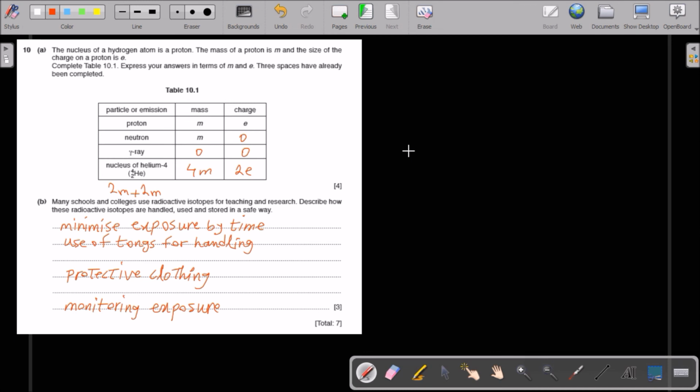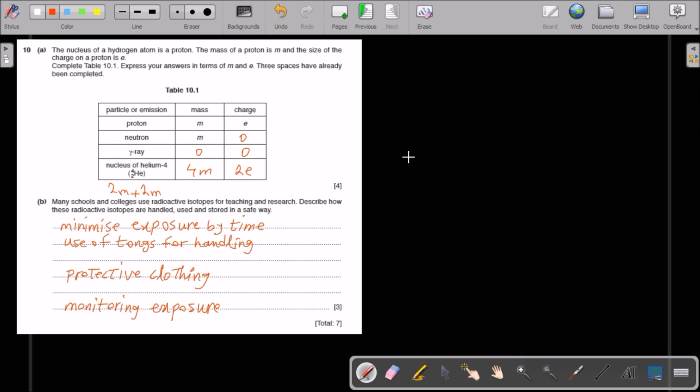Part B. Many schools and colleges use radioactive isotopes for teaching and research. Describe how these radioactive isotopes are handled, used, and stored in a safe way. So first of all, you can say minimize exposure by time, so when you don't need to use them, put them away.